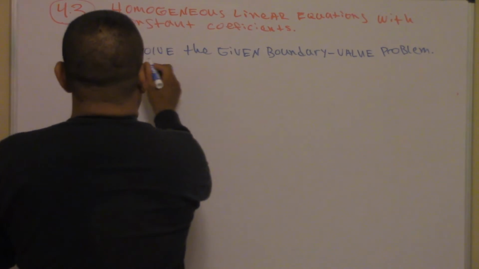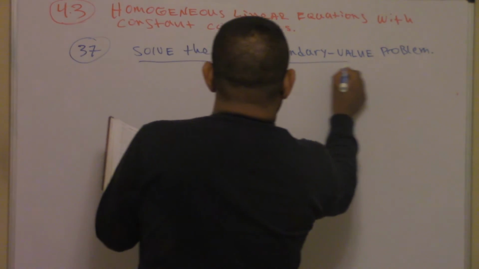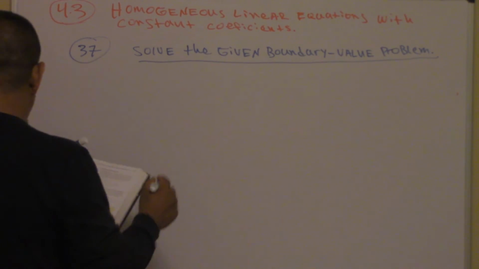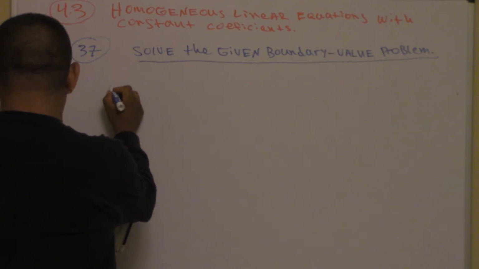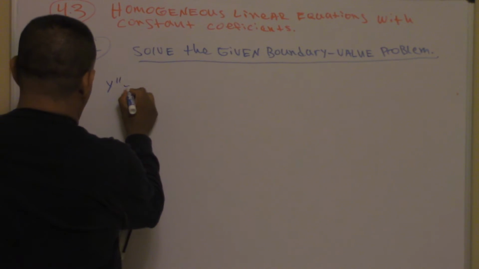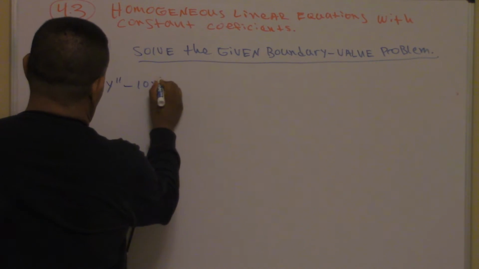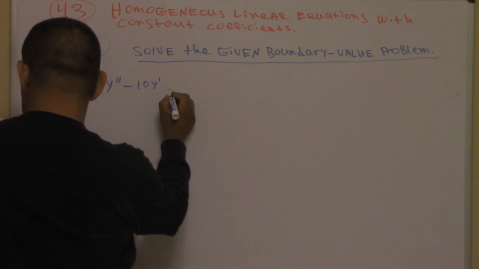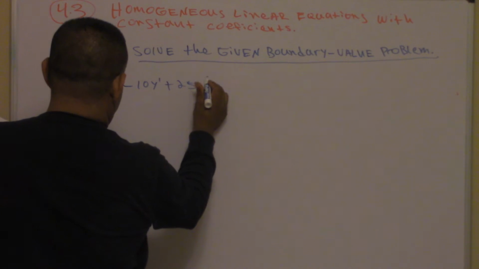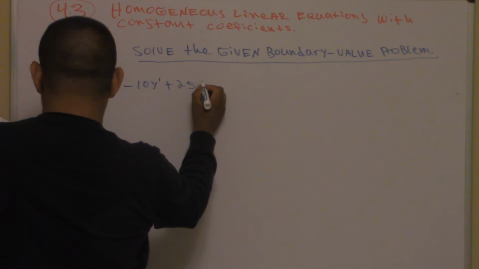So this is what we're doing. Number 37 is y double prime minus 10 y prime plus 25 y.